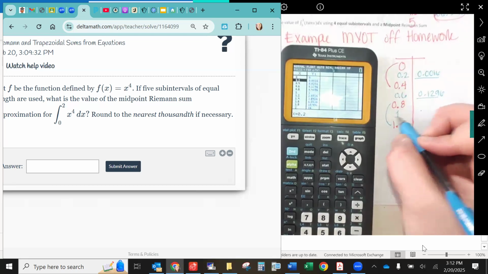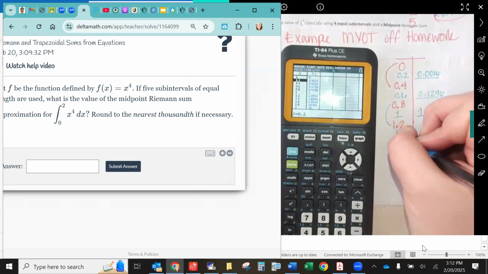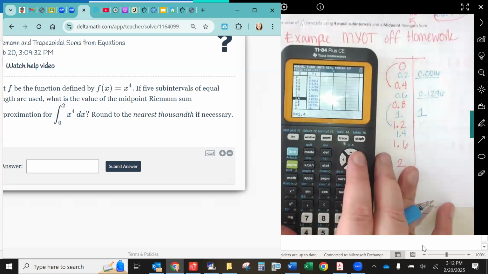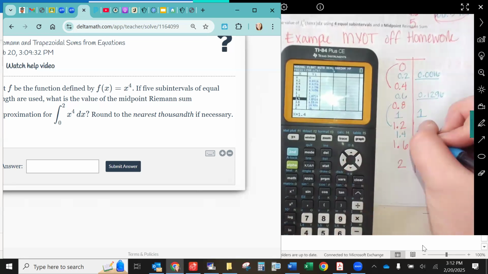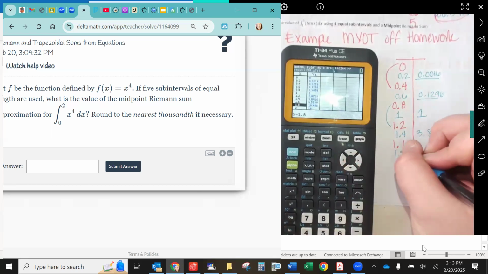It'd be 1, which would be 1. And then from 1.2 to 1.6, my midpoint would be 1.4. I'm going to pull that number out of the chart. So it's 3.8416. Last one, 1.8 is my last midpoint.